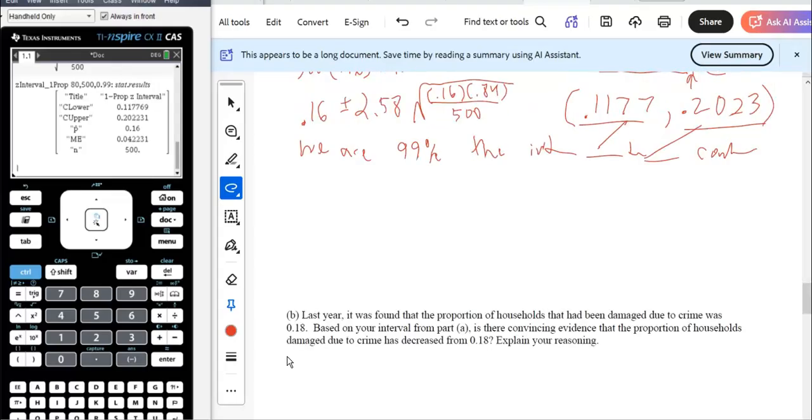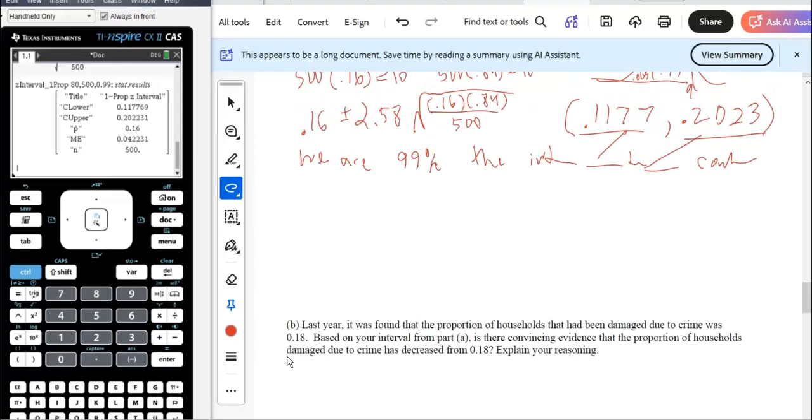Last year, it was found that the proportion of households that had been damaged due to crime was 18%. So the big thing you're looking for is whether 0.18 is in the interval or not. So 0.18 is in the interval. Based on this interval, is there convincing evidence? No, we don't think there is convincing evidence because 18% is in the interval.